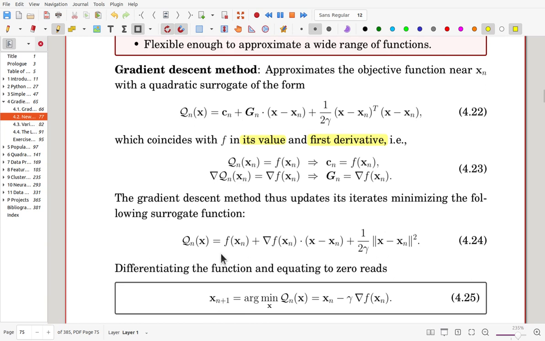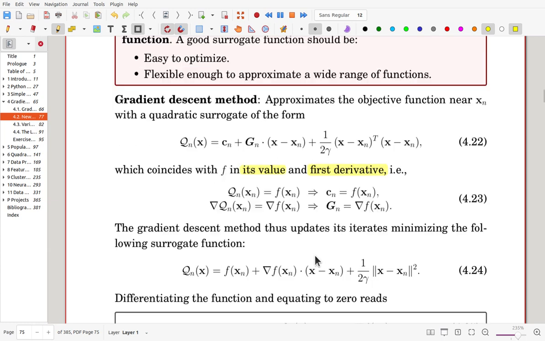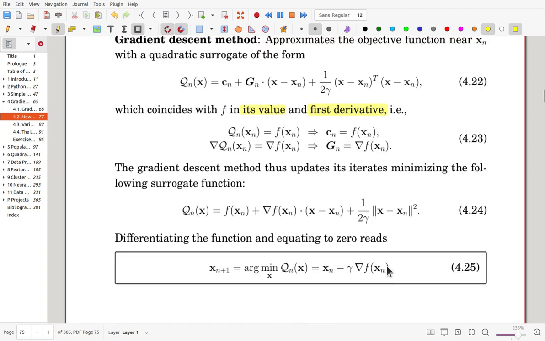Now, this is a simple second order term, so it is quite easy to optimize, and you can find the minimizer quite easily. Easy to optimize and flexible enough to approximate a wide range of functions. Okay, so here, if you try to optimize qn of x, take the gradient, set it equal to 0 and solve for x to get xn plus 1.